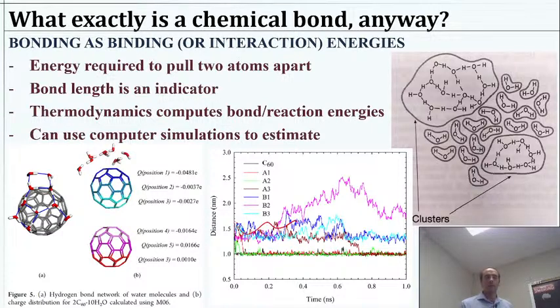Do they ever come over and then bond, or do they kind of stay far away? We can estimate some things about the bonding characteristics just based on that interaction. So it's kind of a neat thing.